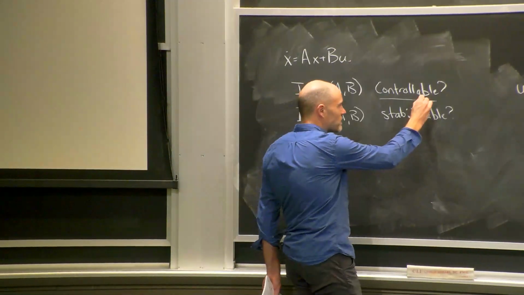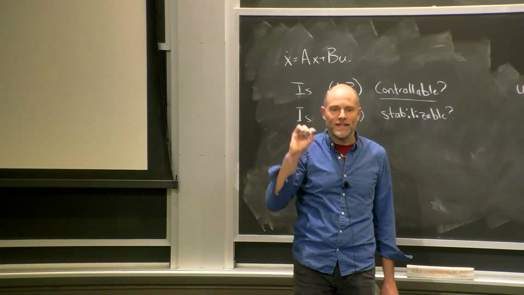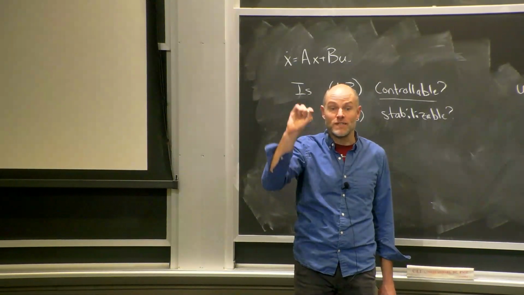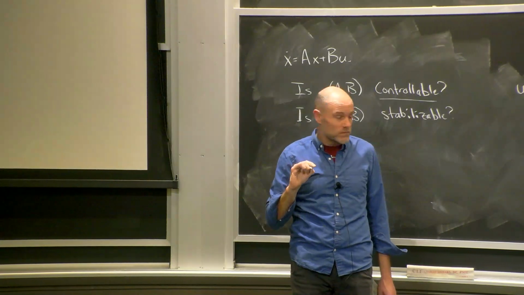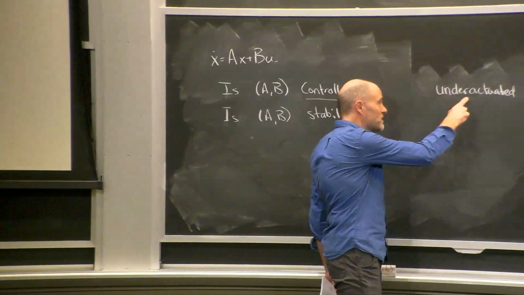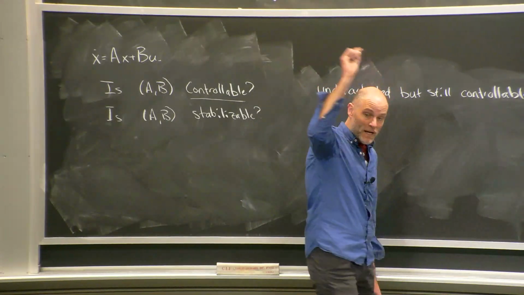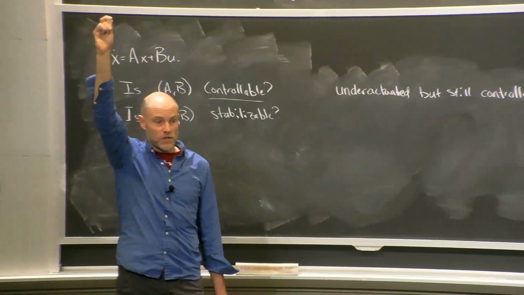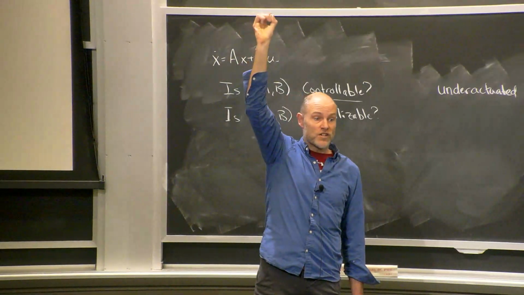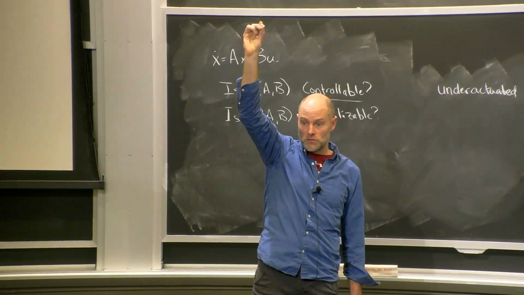Controllable, as I'm about to define here, is talking about whether I could get to the origin, let's say, or get to a new point in state space if I'm given time to get there. And those are different questions, right? Underactuated says you have to think harder about your dynamics, but the Acrobot, for instance, you can stabilize the origin. The linearization around the top is underactuated, but it is controllable.